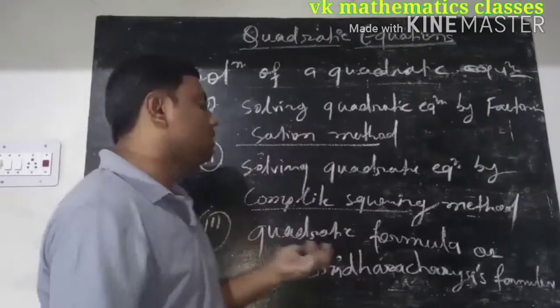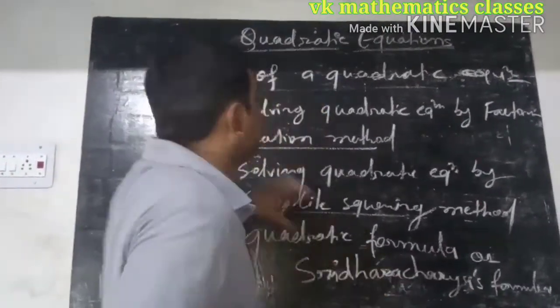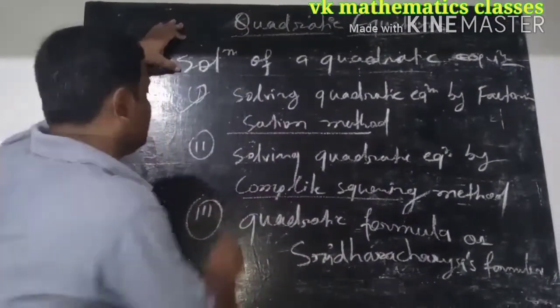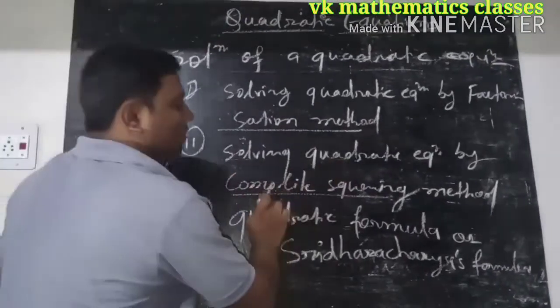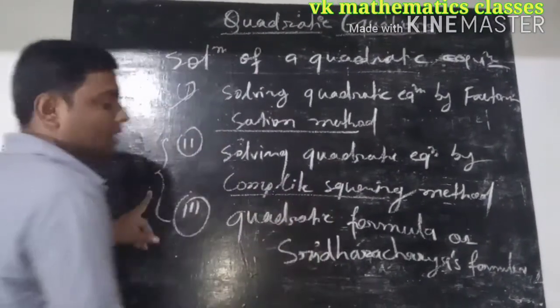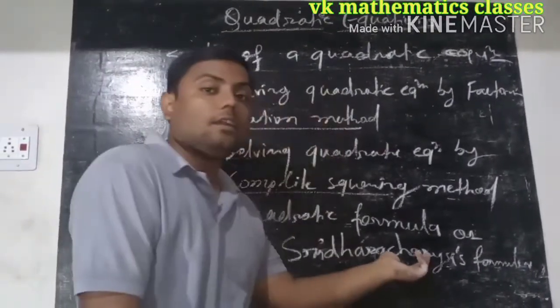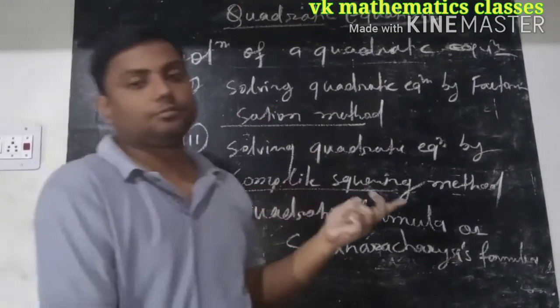And the third, quadratic formula or Sridharacharya formula. These are the three methods to solve a quadratic equation. The Sridharacharya formula comes from the complete squaring method.